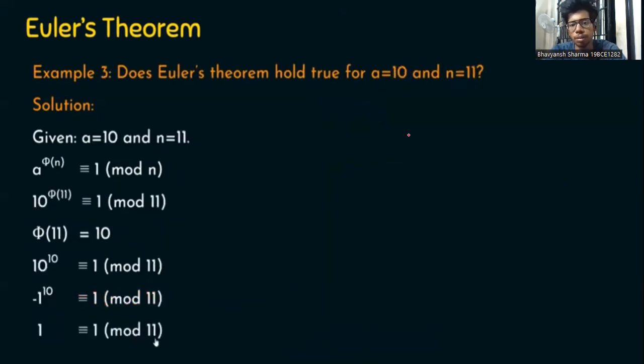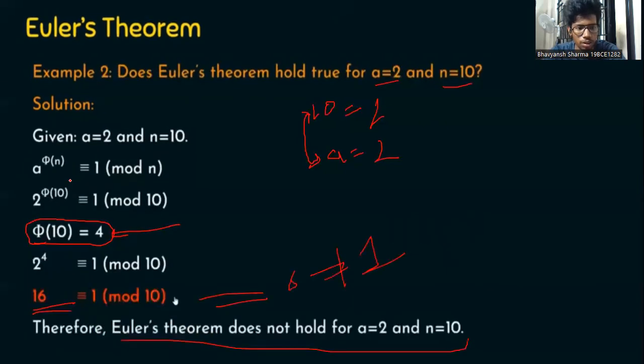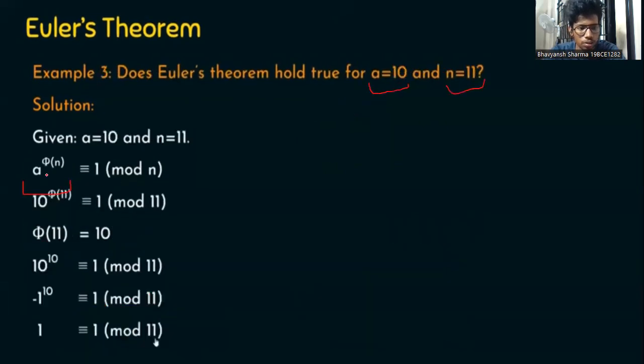The final example that we take is a equal to 10 and n equal to 11. Do they satisfy Euler's theorem? Let's find out. We put here 10 to the power phi(11) is congruent to 1 mod 11.